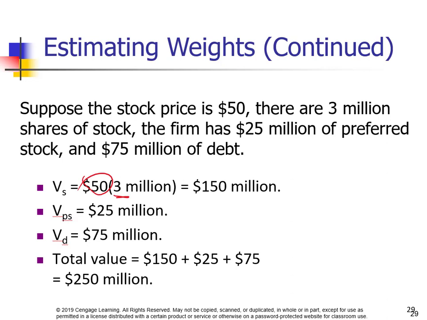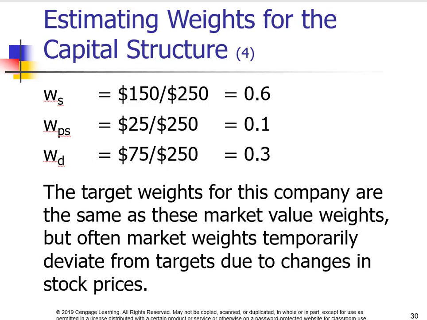So their total long-term capital structure is $250 million. So as we've done in previous videos, we just need to calculate the proportions. $150 million in equity divided by $250 million total means the proportion or the weight of equity is 0.6 or 60%. So it's 60% equity, 10% preferred stock, and 30% debt.